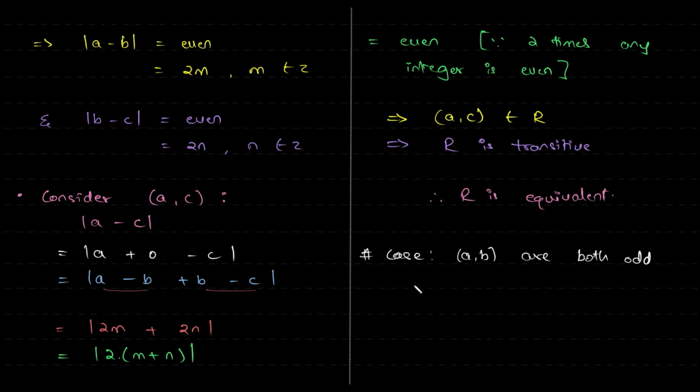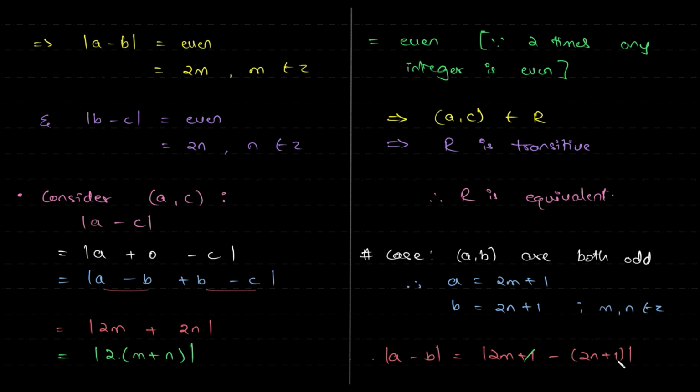So what happens over here? Therefore, I can write a as 2m plus 1 and b as 2n plus 1. Any odd number can be written in this manner, where m and n belong to Z. Now, the modulus of a minus b would be 2m plus 1 minus (2n plus 1).